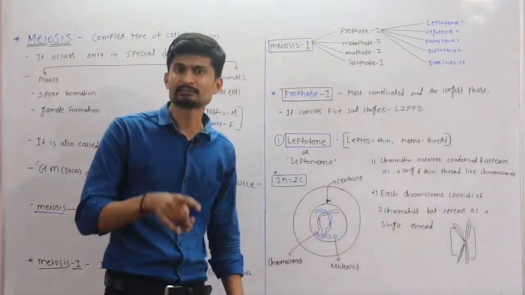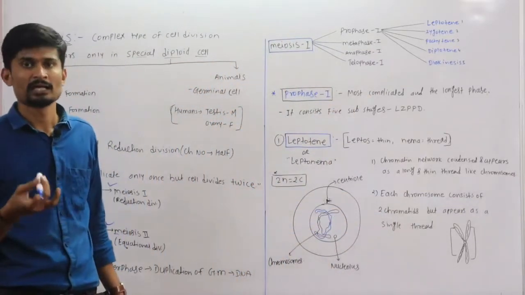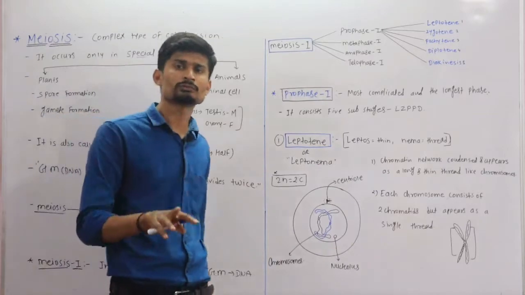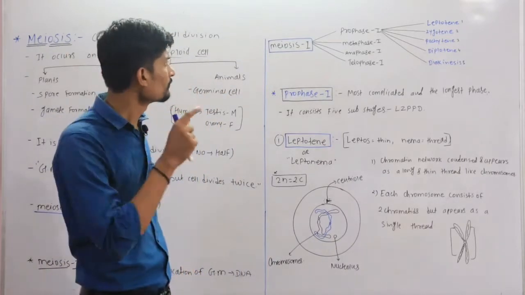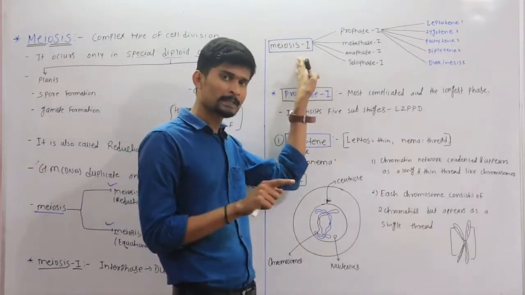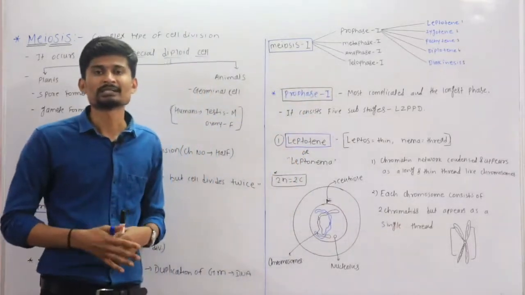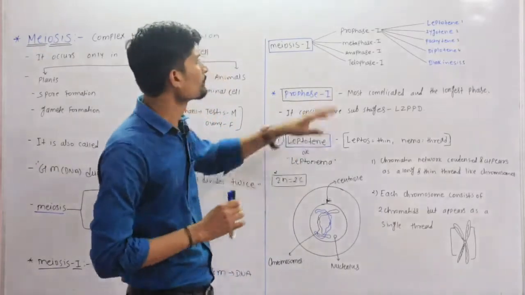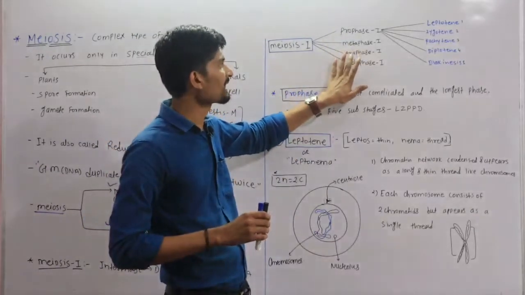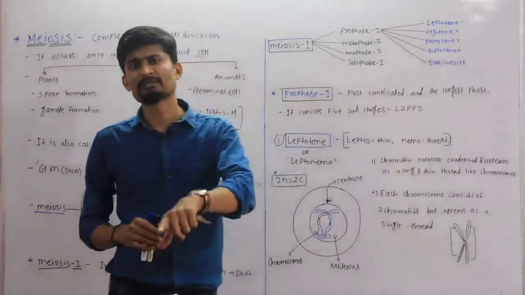Now we are actually starting the meiotic division, and in meiotic division there are two substages, meiosis first and meiosis second. The first one is meiosis 1, and meiosis 1 also has 4 substages: prophase, metaphase, anaphase and telophase, which are present in mitosis.